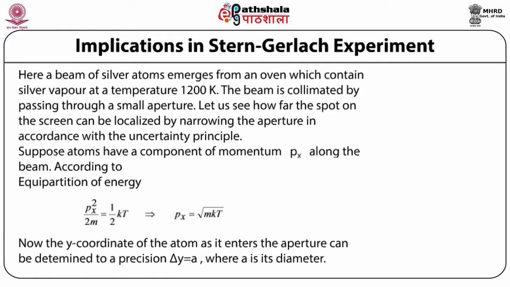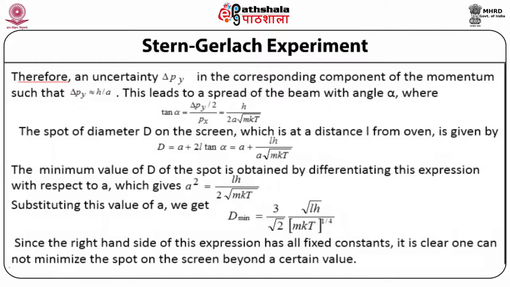Now, the y coordinate of the atom as it enters the aperture can be determined to a precision delta y is equal to a, where a is the diameter of the aperture. Therefore, an uncertainty delta py in the corresponding component of the momentum such that delta py is approximately equal to h by a, where h is the Planck's constant and a is the width of the aperture.